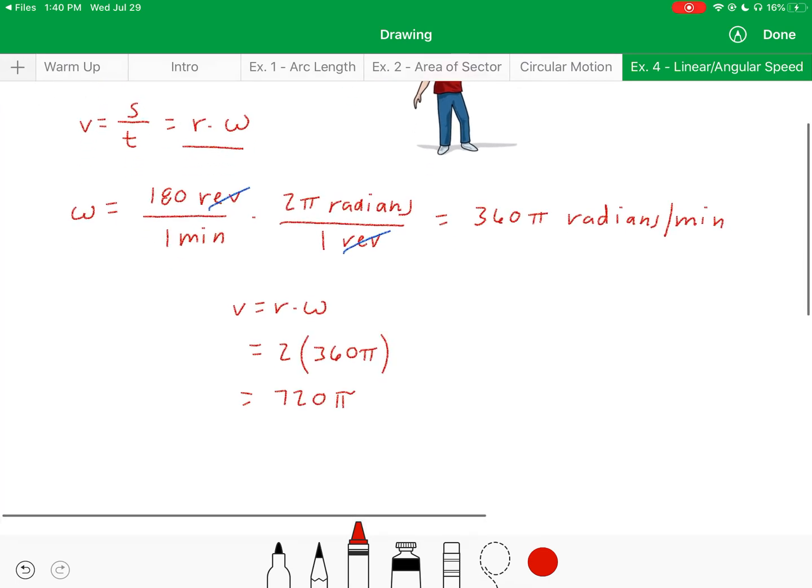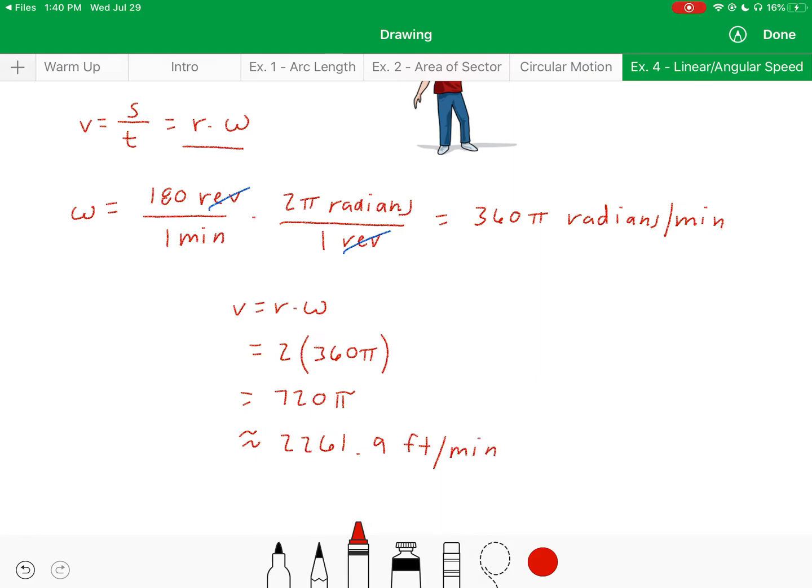Doesn't mean a whole lot to me in that exact form, so I'll approximate it. 720 times pi is approximately 2,261.9, and this is a linear speed, so the units should be a unit of length divided by time. So in this case, feet per minute. Look how that's traveling pretty far in 1 minute's time.